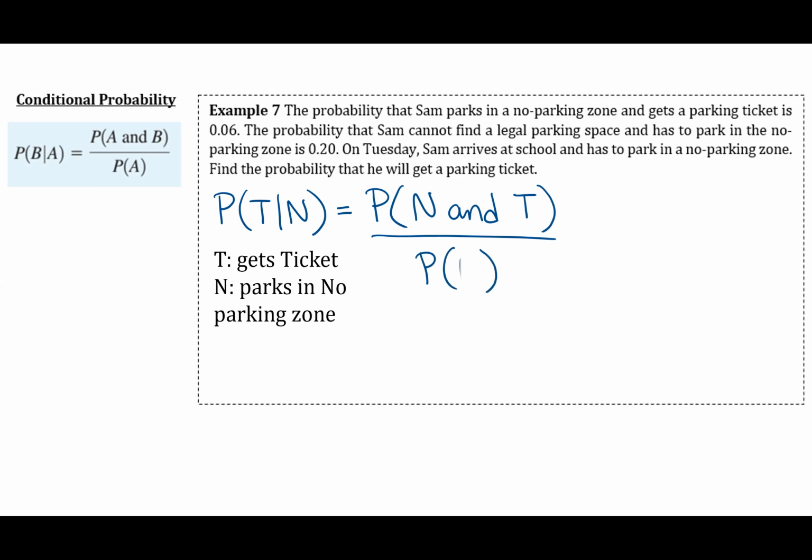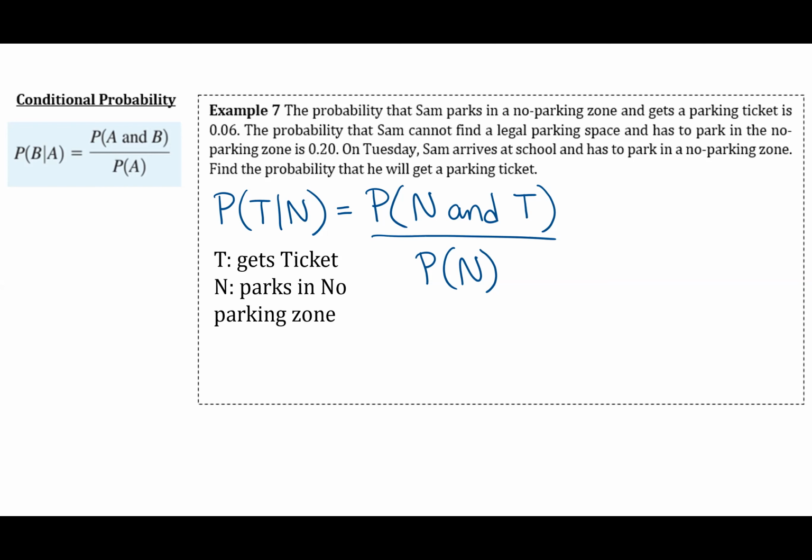So according to the formula, the conditional probability is just the probability of both of them happening on top. So the probability of N and T, or you could write that as the probability of T and N. The order that you write an and statement doesn't matter. So either one of those would be fine. But which letter is on bottom?